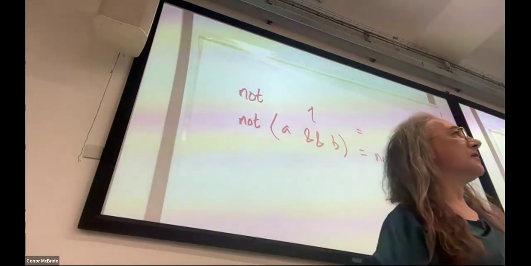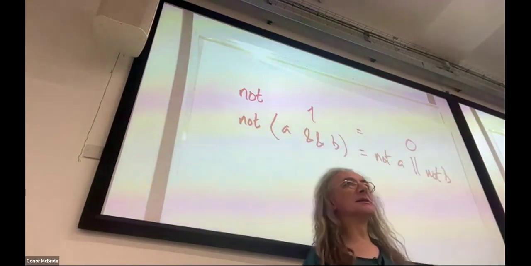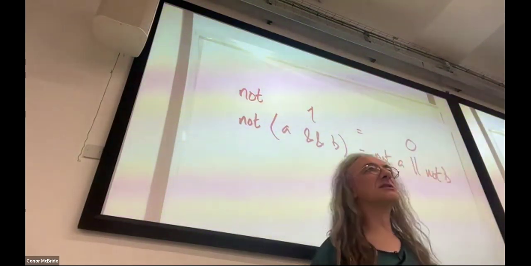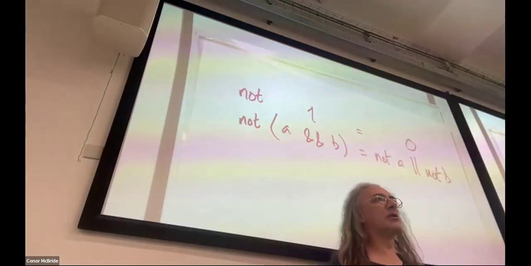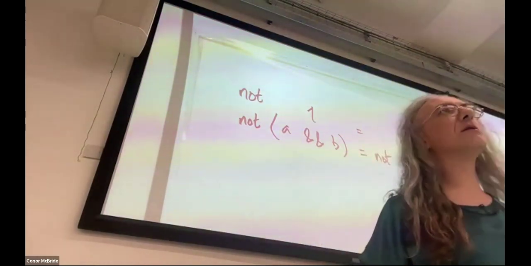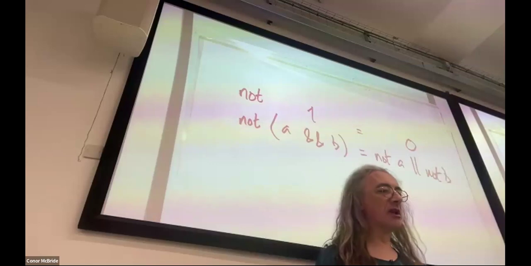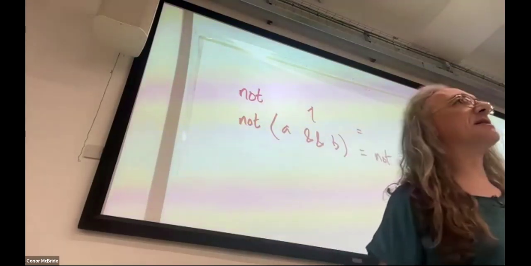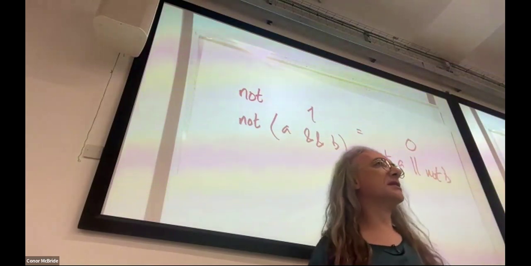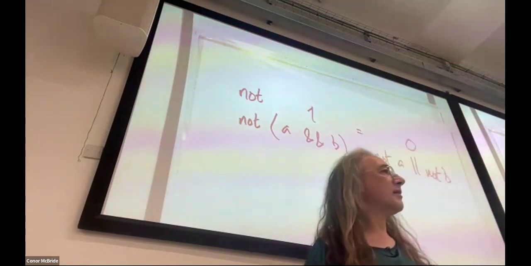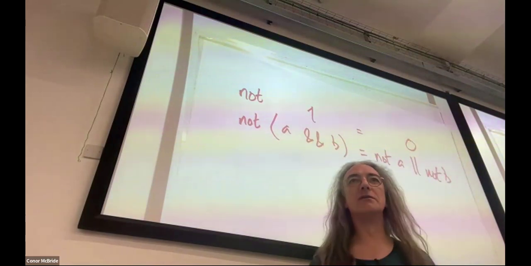So this thing that was given a funny name that you'll struggle to remember, called the De Morgan law, is only part of a picture, and it's saying nothing other than not is a monoid map from and to or.